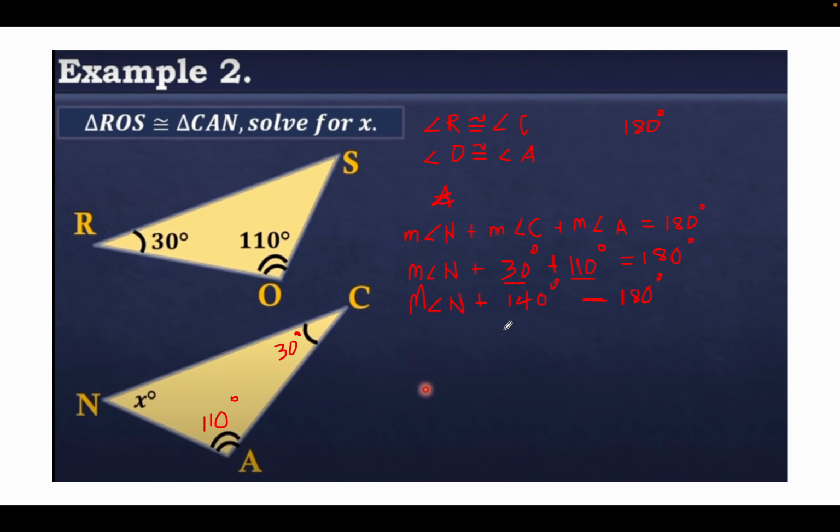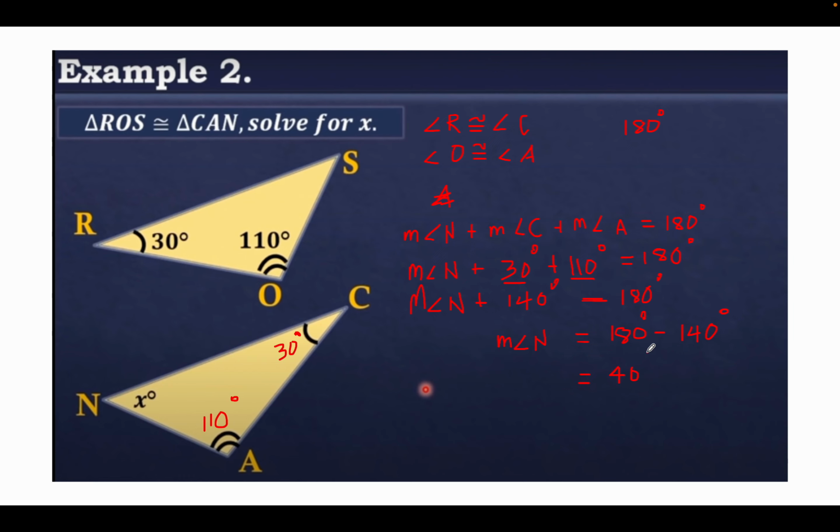Or by additive inverse, we subtract 140 from the left and 140 from the right. So we have here, measure of angle N is equal to 180 degrees minus 140. Next, we have 180 minus 140 is 40 degrees.